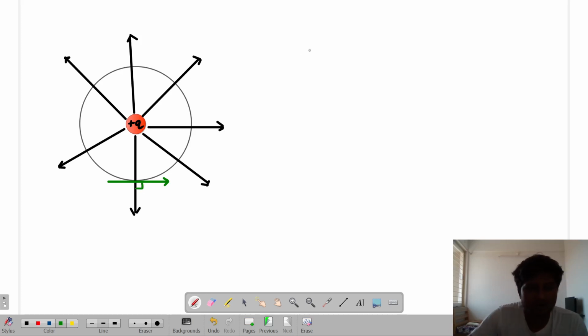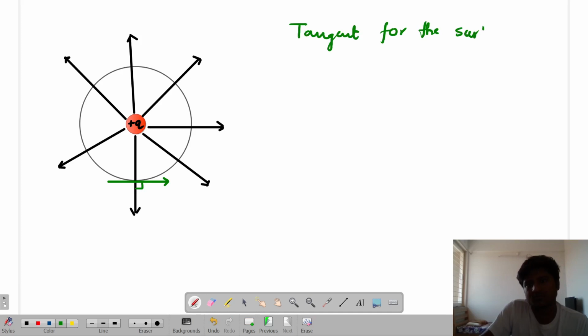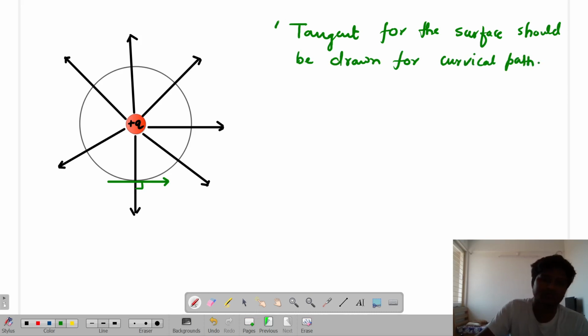So for any kind of curved path, you need to draw a tangent for the surface. Is that clear or not? What should be drawn? Tangent.